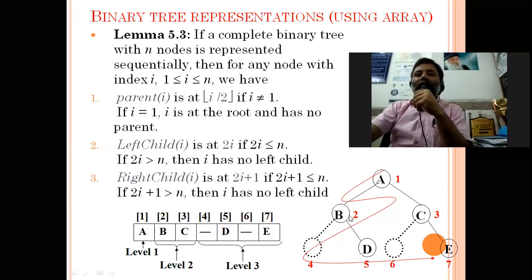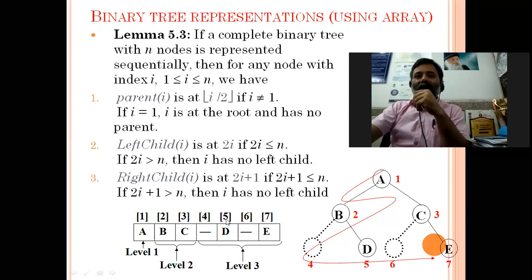Similarly, this B has an empty left subtree, so its memory location, 2 multiplied by 2, that is 4, will be wasted. B has a right child, so the index will be 2i plus 1, that is 2 multiplied by 2 plus 1, that is 5.